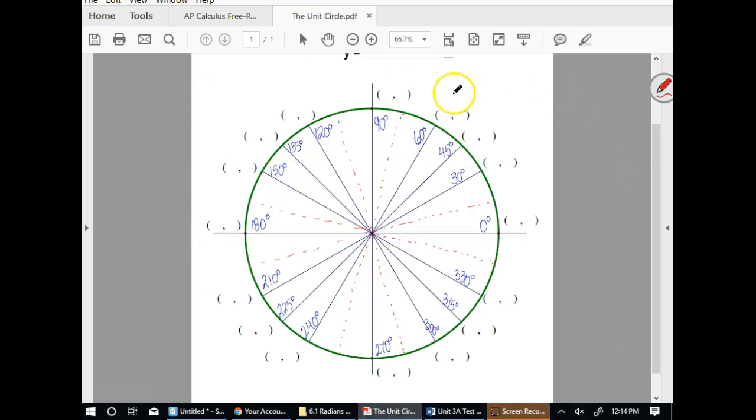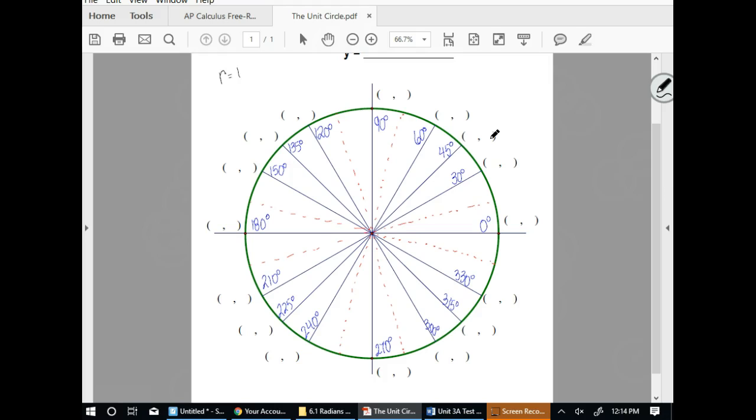So here are degrees. Radians are a different way of labeling the degrees, labeling the angles. A radian has to do sort of with the circumference. The unit circle has a radius of 1.